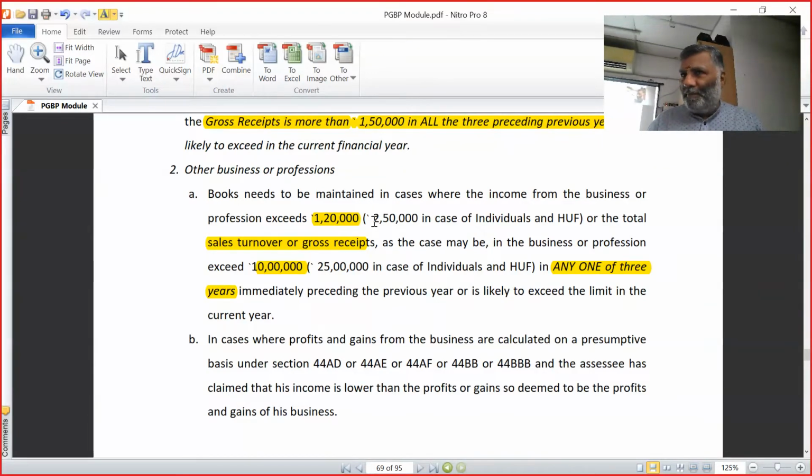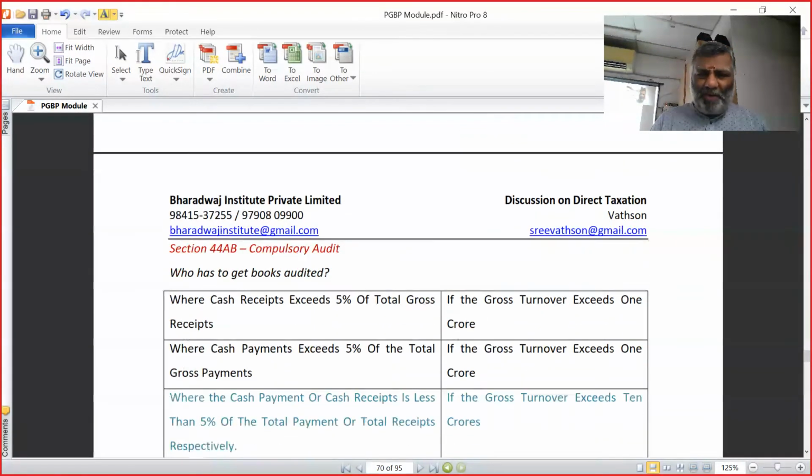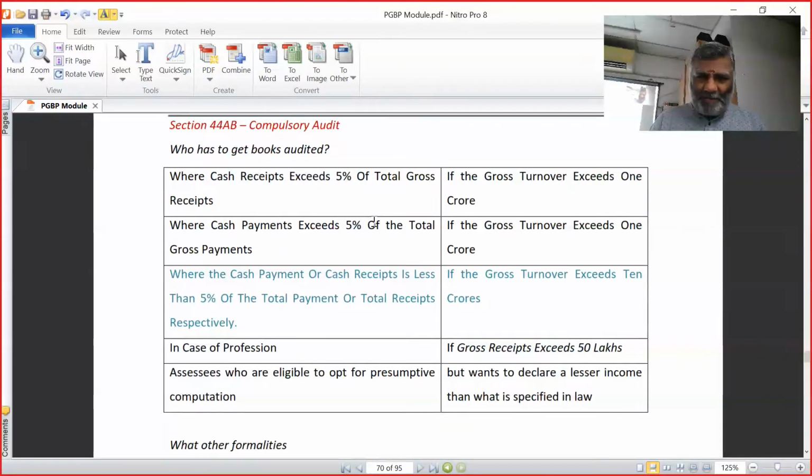Not a popular section, at least from our final perspective, not even inter perspective, but this is a questionable area now. 44AB, compulsory audit. Section 44AB, mandatory audit provisions.